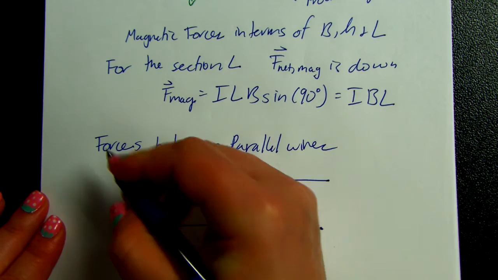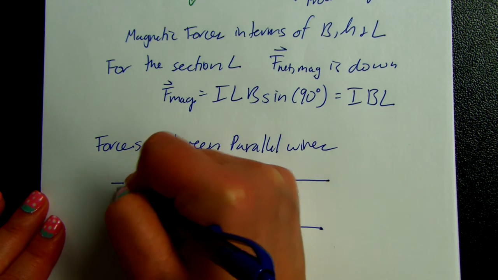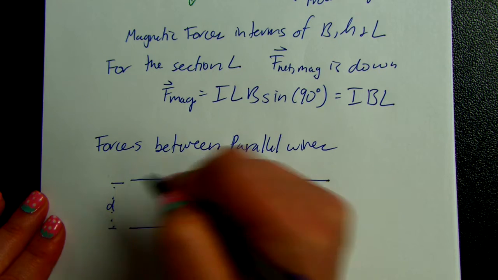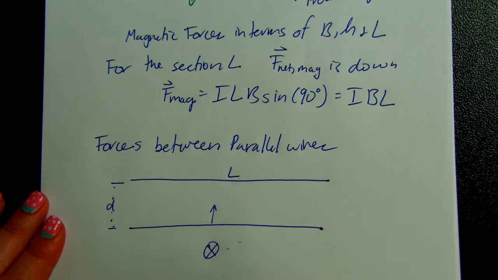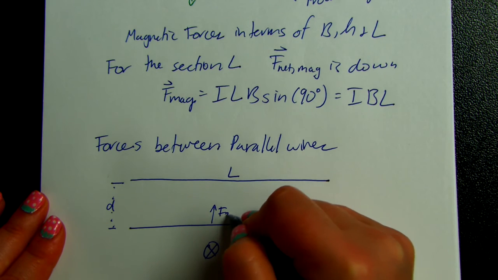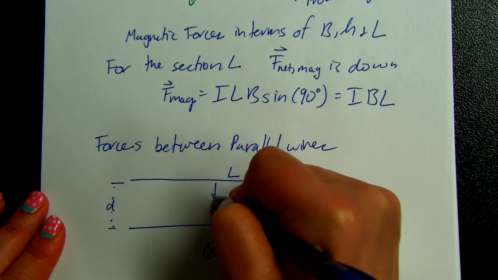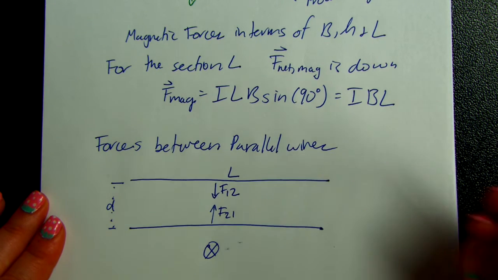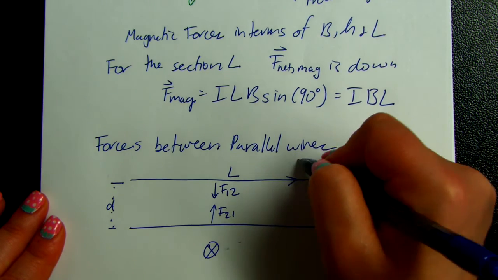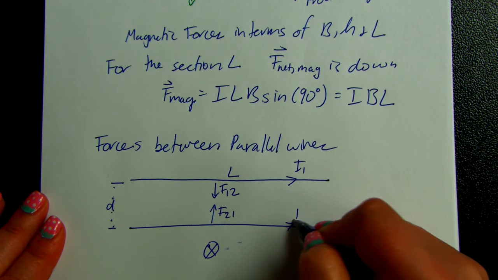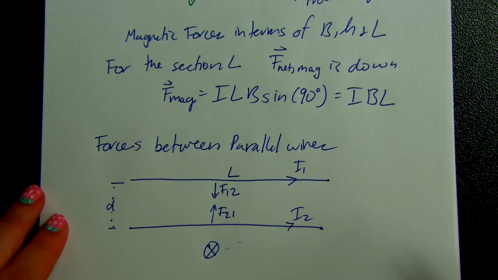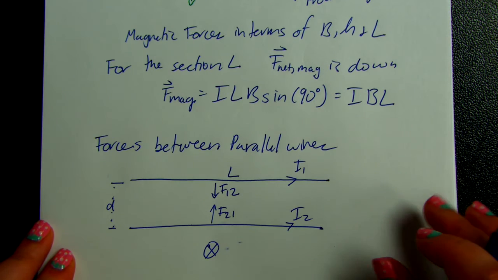They have some length L, some separation D. We have the force F21, and we would also have the force F12, and they've got conventional current I1 and I2.